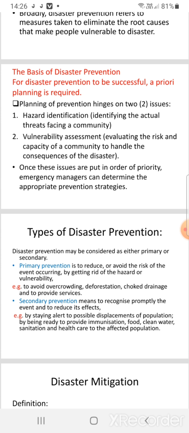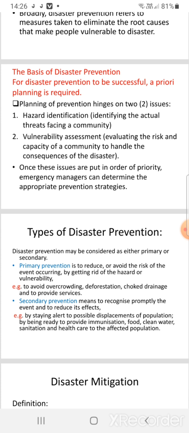In some cases, there will be only a single hazard. In other cases, there are many hazards. Each hazard will have its own vulnerability, risk, capacity, and exposure.